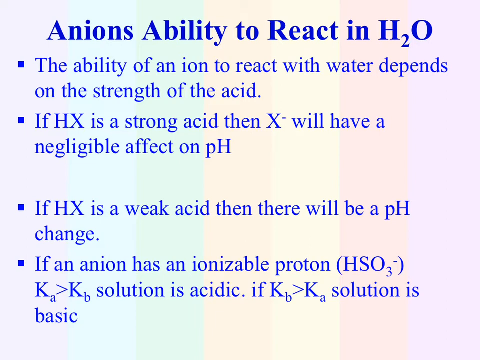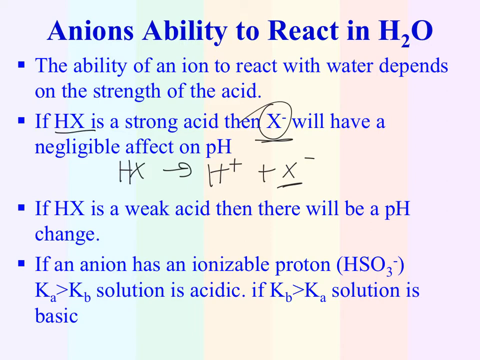So if I have an anion X-, and it is related to a strong acid in the form of HX, then this anion will have a negligible effect on the pH. The reason is that strong acids ionize completely, so the anions that are produced are going to be extremely weak bases.